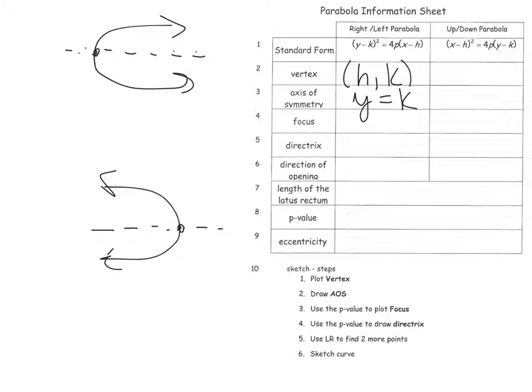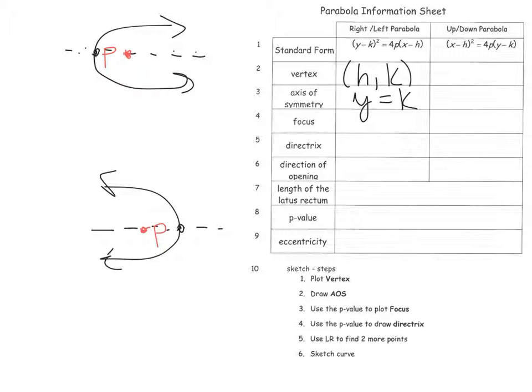The focus is always a point on the inside of the parabola. Now, the focus is p units away from the vertex.